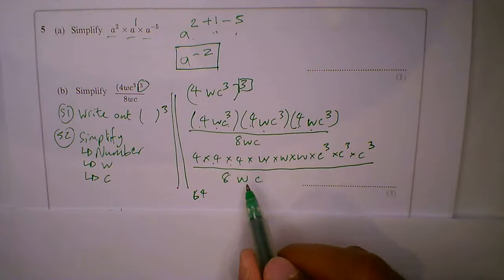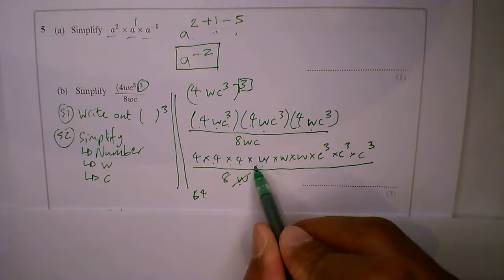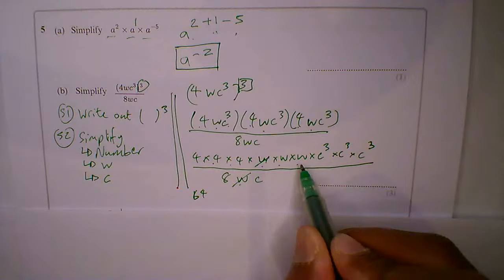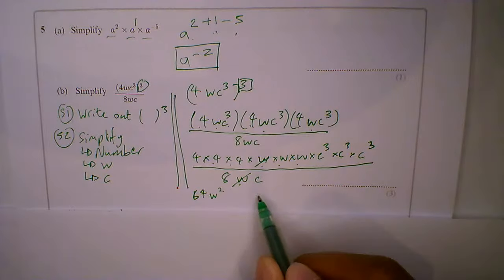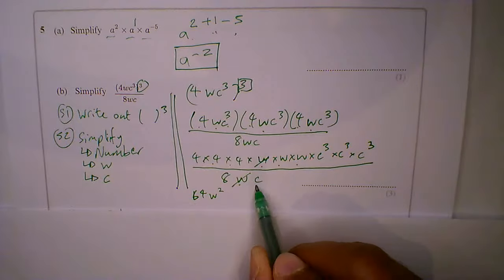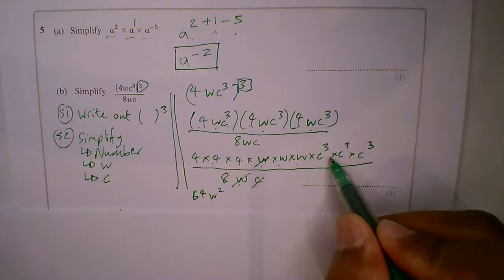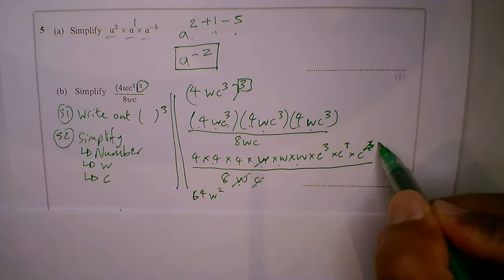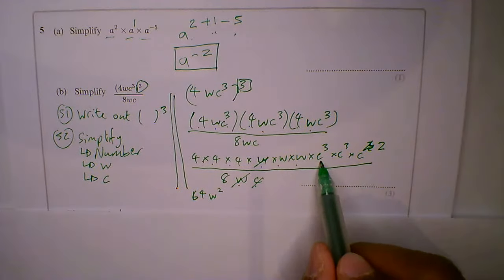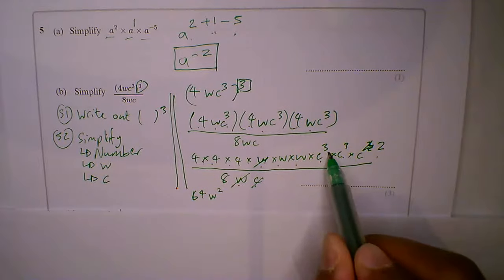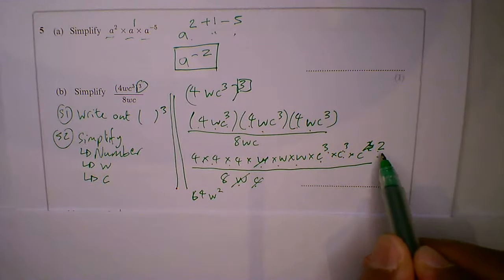I've got a w here and a w there. That can cancel out. I've got one more w and another one, 2 w's, so w squared. I've got a c here which will cancel out with one of the c's here. So let's change this one at the end to make it 2. So I've got 3 there, 3 there, 2 more there. So 3 plus 3 is 6, plus 2 is 8.